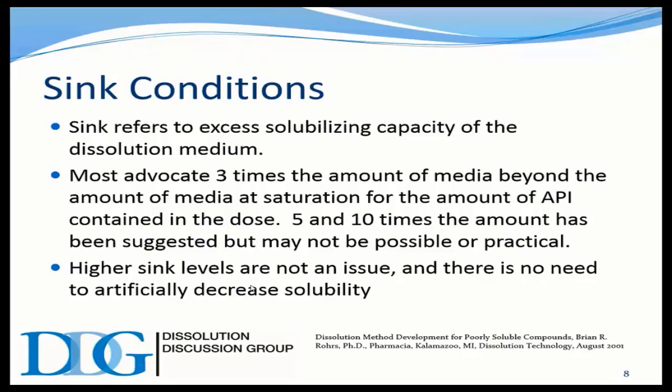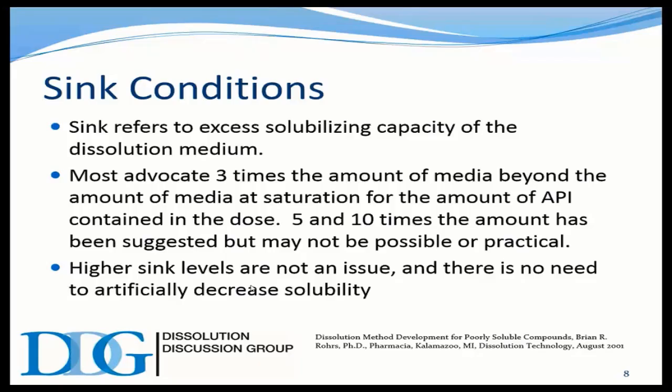There are some chapters that have suggested 5 to 10 times, but what we're saying is that if you're 3 times beyond the point of saturation, there's really no need to add a surfactant to get to 5 or 10 times. That's really not necessary, because at 3 times beyond the point of saturation, it's felt like dissolution is unencumbered.